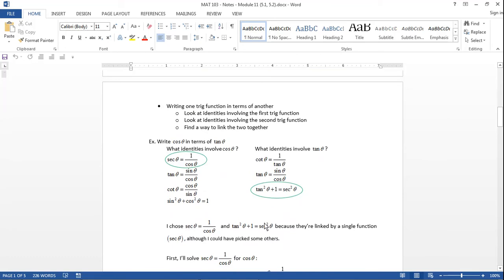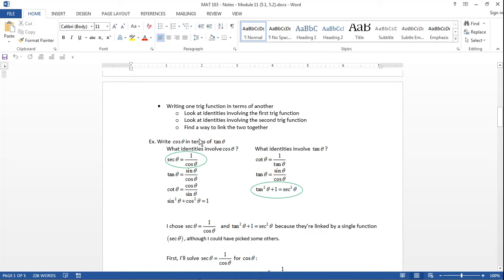Okay. So first we're going to talk about writing one trig function in terms of another. There's no perfect way, no one-size-fits-all algorithm I can teach you. I'll just go through what I do.